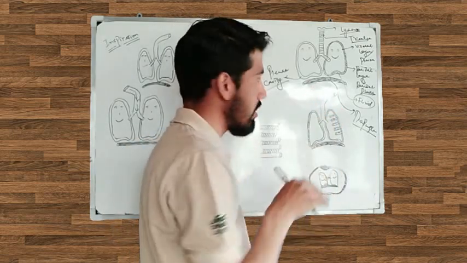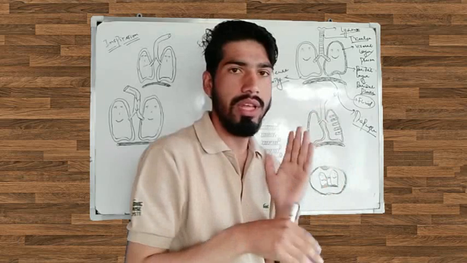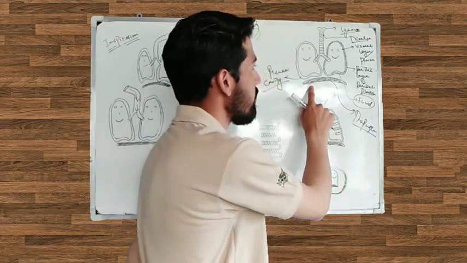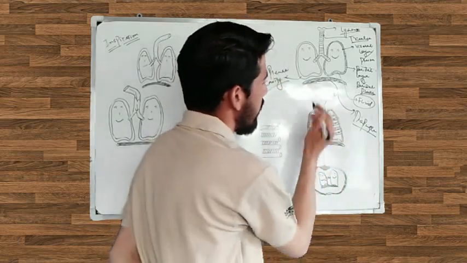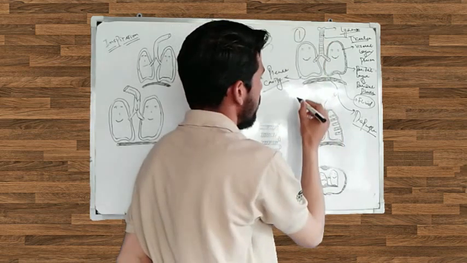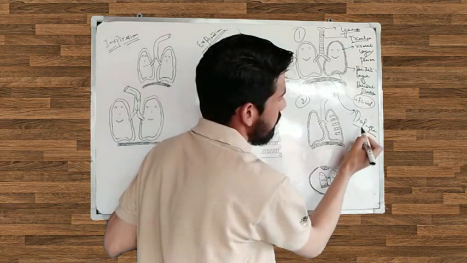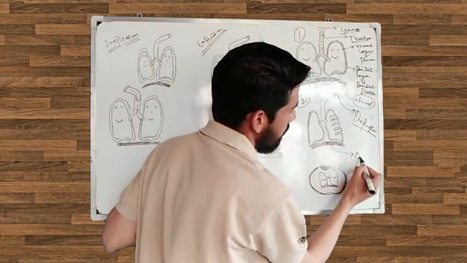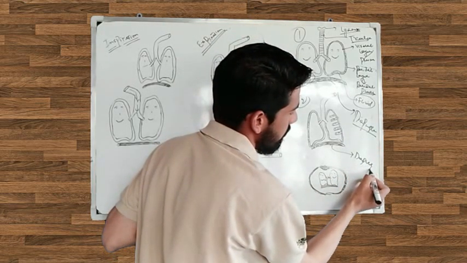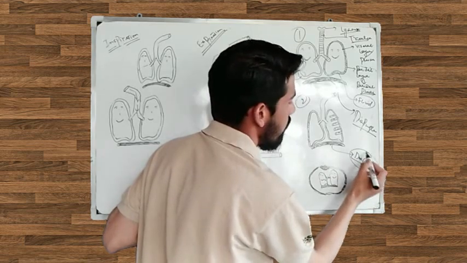The diaphragm is present below the lungs. Now we come to the next diagram. The first one is the diaphragm, which is one muscle.